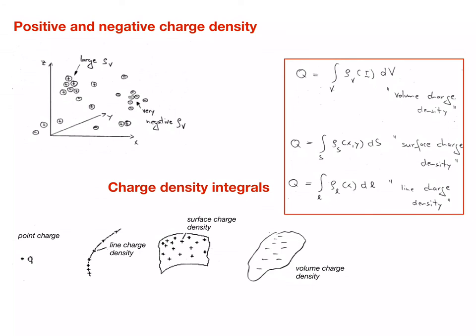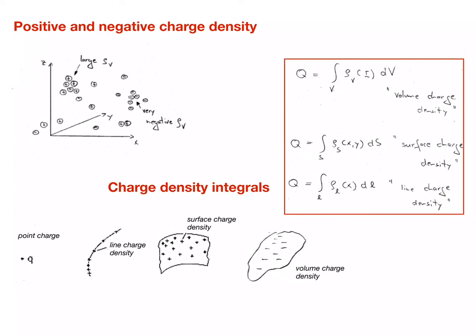A line charge density, where charges are distributed along a line, typically a straight line. A surface charge density, where charges are distributed over a surface. And finally, a volume charge density, where charges, which can be positive or negative or both, are distributed inside a volume. The respective charge integrals are detailed on the right, for volume, surface, and line charge density.